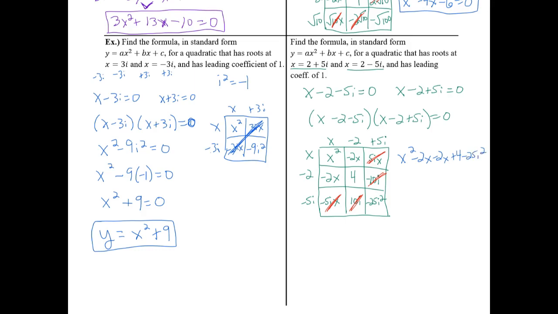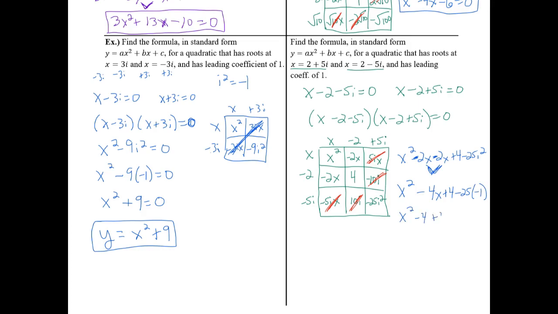I need to simplify all this. I see I've got some like terms. So negative 2x minus 2x is minus 4x, not 0, right? They're the same sign. We add them, keep that sign. Plus 4, and i squared is the same thing as negative 1. So we replace i squared with negative 1.